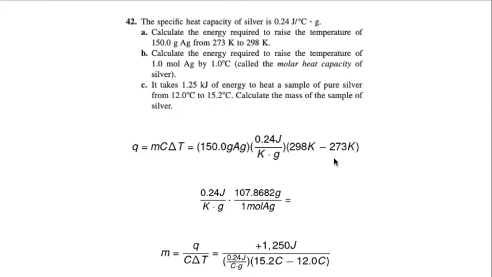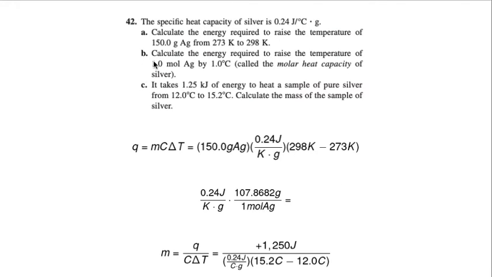I don't need to convert this to Celsius to find that change in units is all that I need, right? For the change in temperature, the change in units that's exactly what I need in order to solve this problem. So of course, then this is 0.24 joules per Kelvin gram, and I can find the change in temperature here, and all I have to do is now simplify this.